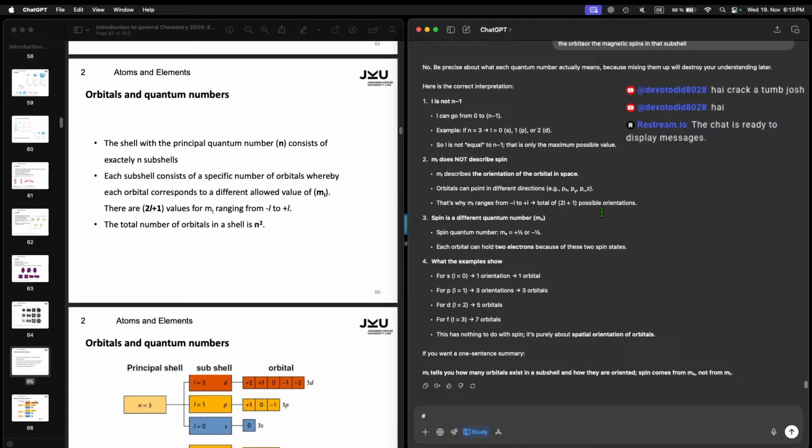Okay, possible orientations. Yeah. Spin is a different quantum number. Spin quantum number is +1/2 or -1/2. Each orbital can hold 2 electrons because of these 2 spin states. Okay.